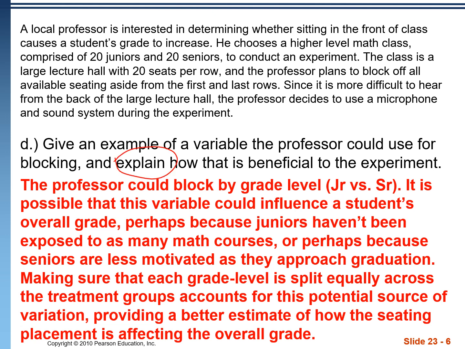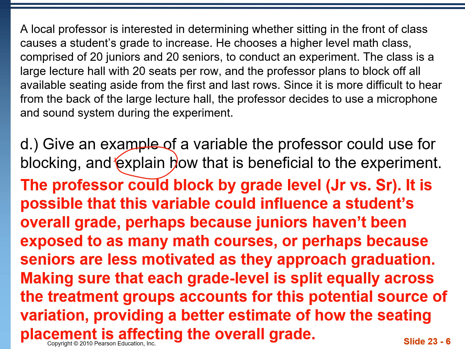So it's possible that juniors haven't had as many math classes as the seniors, so this course could prove a little more difficult. Or conversely, maybe the seniors are less motivated as they approach graduation and they won't do as well. So we want to make sure that each grade level is split equally across our treatment. So amongst the 20 juniors, we have half in the front, half in the back, and same thing with the seniors.